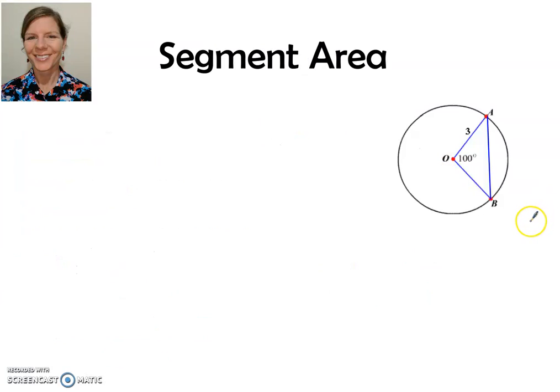Alright, so let's look at segment area for the same one. So the segment area is this here. We actually worked out the major sector, but we need the minor sector here. What we want to do is say the segment area is going to be the minor sector minus that triangle which we just worked out.